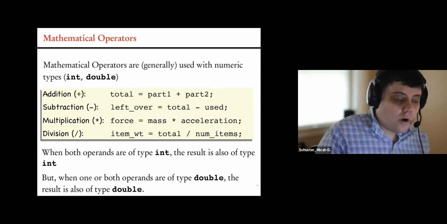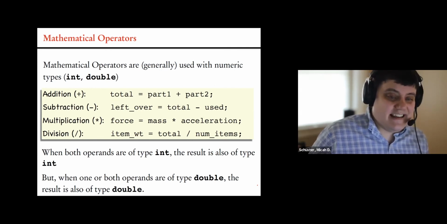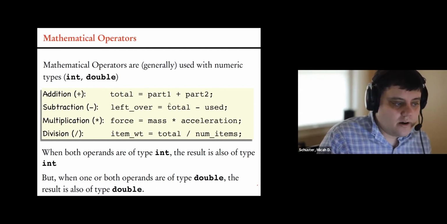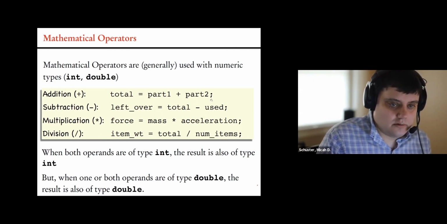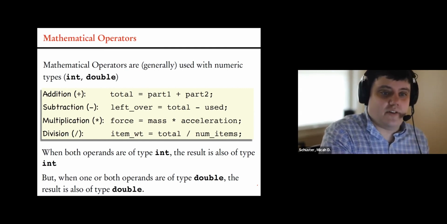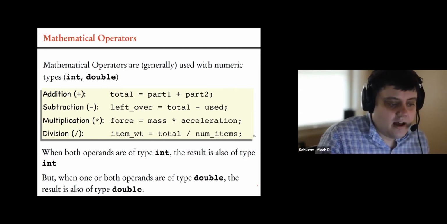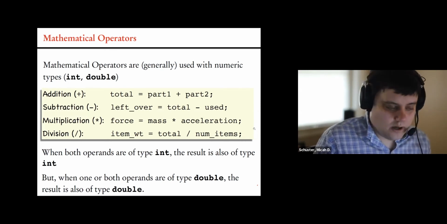If one or both is a double, then the result is a double. So if part 1 was an int, part 2 was a double, then the whole result is a double. This is something that we're going to come back to, and we'll do some examples with, and I'll show you what happens if you make a mistake, particularly with division. Division tends to be a complicated one.